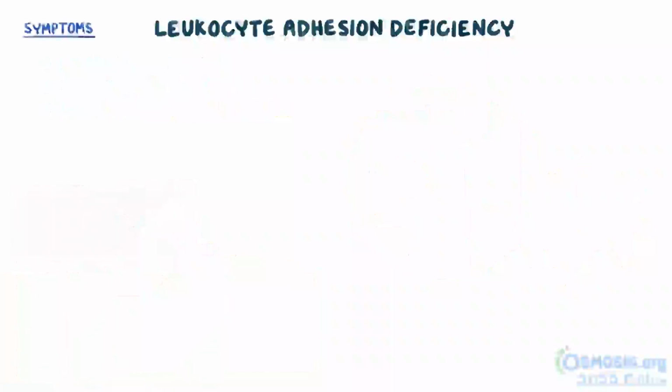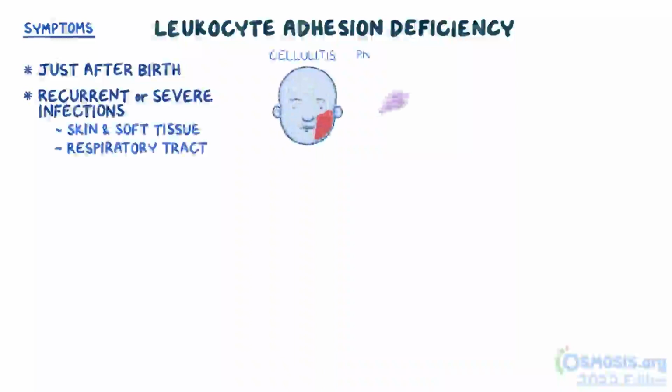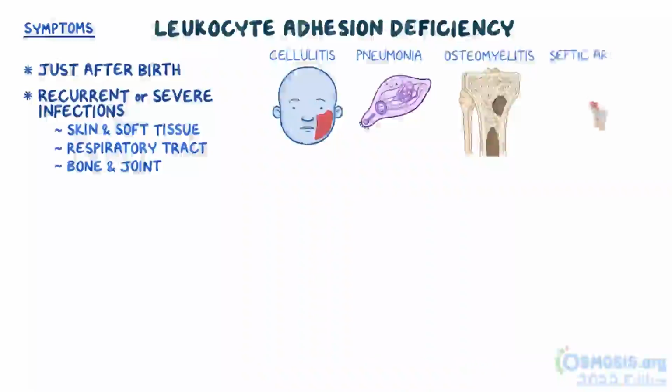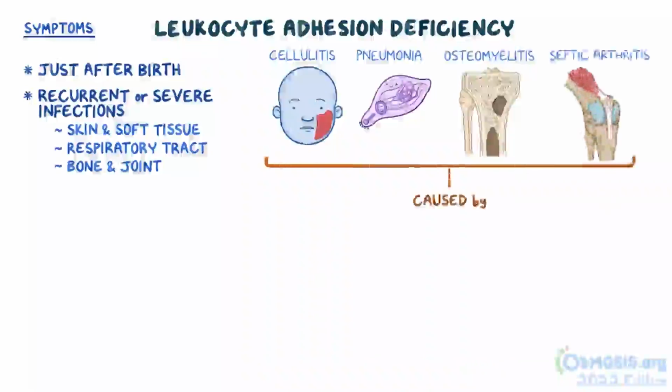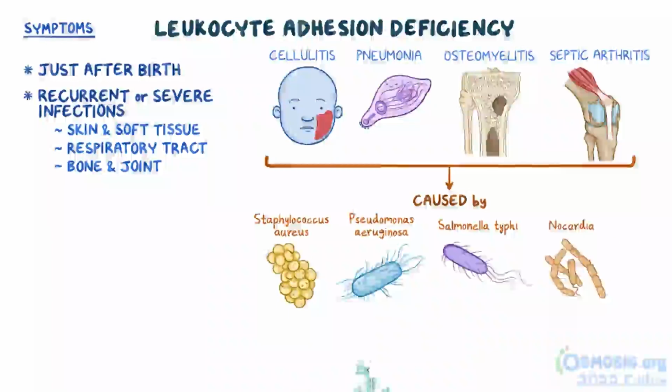It usually appears just after birth with recurrent or severe infections of the skin and soft tissue like cellulitis, or respiratory tract like pneumonia, as well as bone and joint infections like osteomyelitis and septic arthritis caused by bacteria like Staphylococcus aureus, Pseudomonas aeruginosa, Salmonella typhi, and Nocardia, and fungi like Candida and Aspergillus.